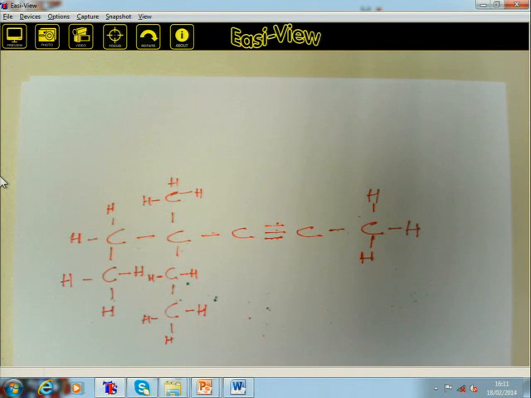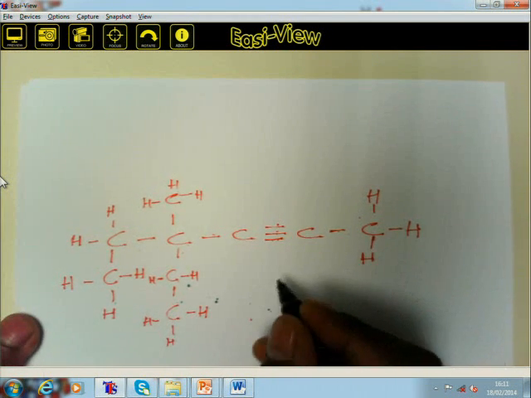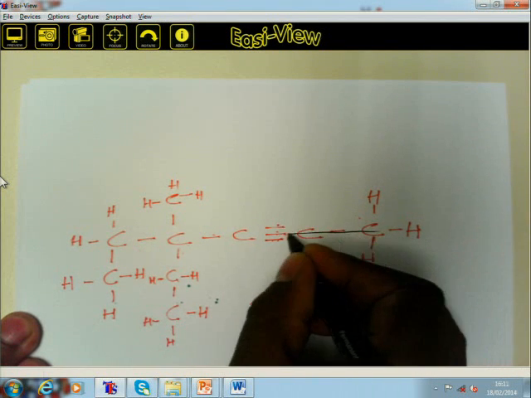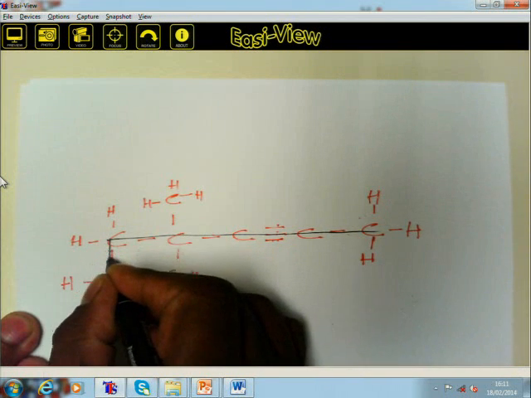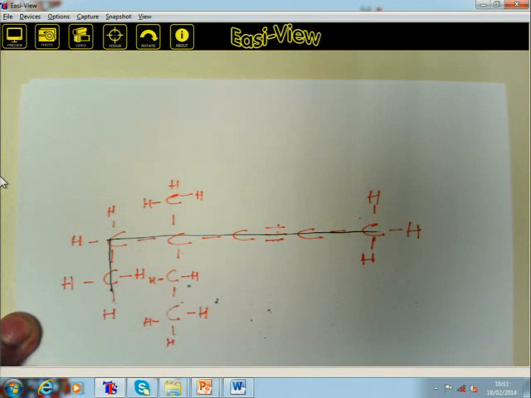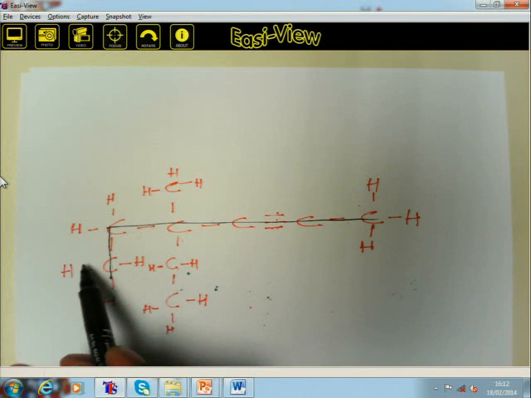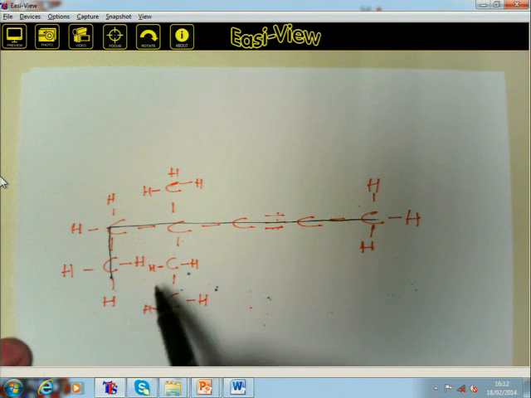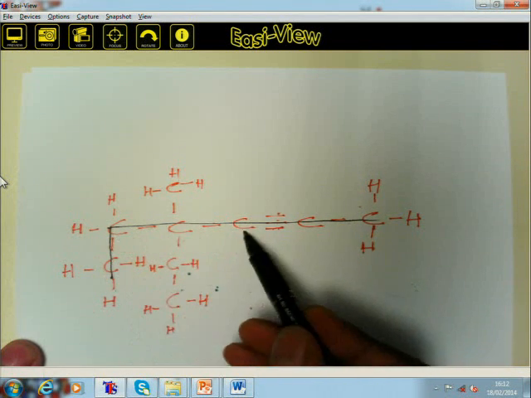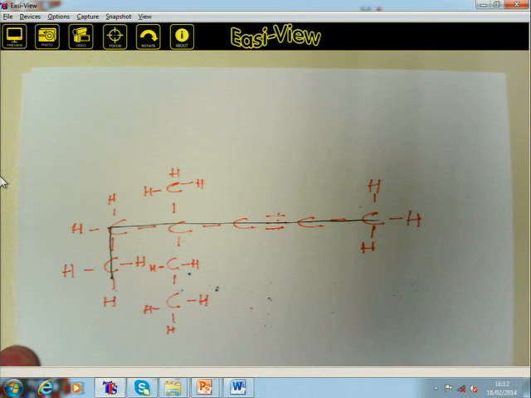So if you have a look at this structure that we have, the long chain has how many carbons? If you look at the long chain, you will look at that as the long chain. But this long chain bends. So you just have to be careful that the long chain can also bend. So this is not a substituent, it's part of the long chain. Alright? So we've got 1, 2, 3, 4, 5, 6 carbons in the long chain.